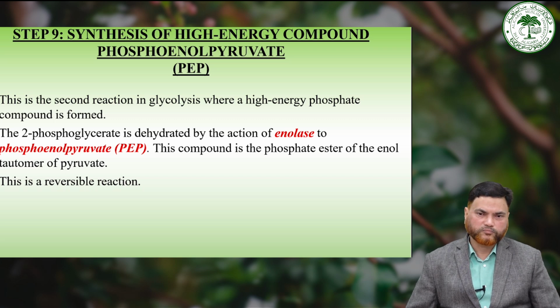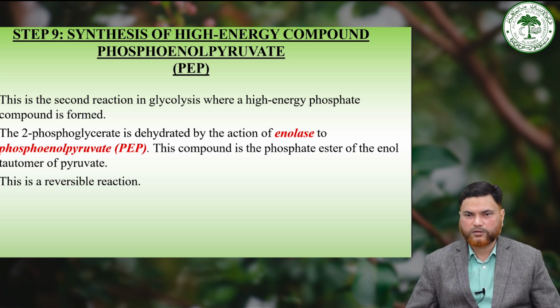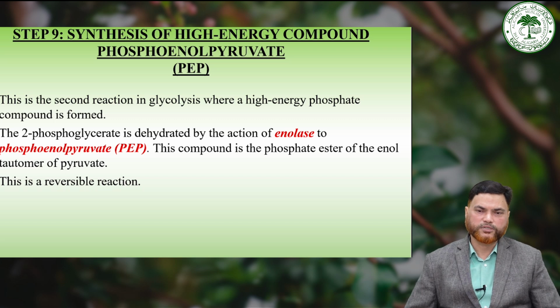So basically, the enolase reaction converts a substrate with a comparatively low free energy of hydrolysis into a product, phosphoenolpyruvate, which possesses a significantly higher free energy of hydrolysis.